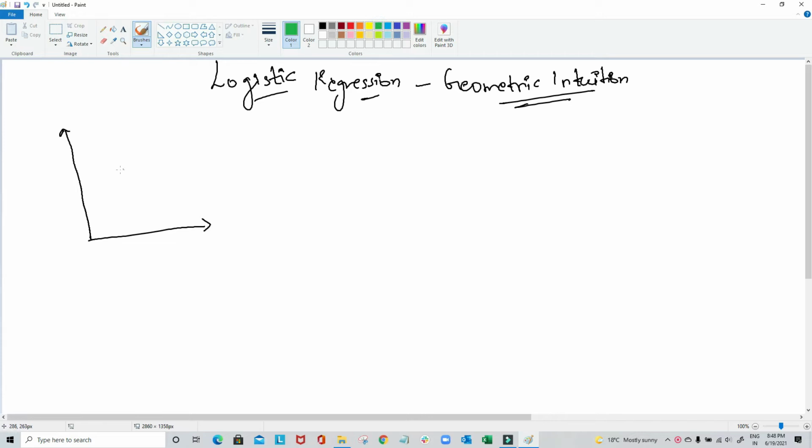We have a set of points and some points here and another class of points and some points here.